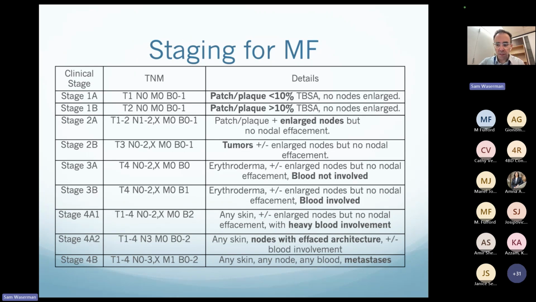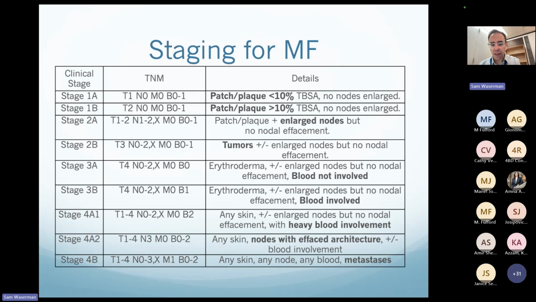So as I said before, this is the staging for MF. The difference, and I've put it in bold there, is what determines whether something is one stage or another stage, or A or B within the same stage. Most commonly what I see is patch and plaque MF, so either 1A or 1B, depending on the amount of body surface area.